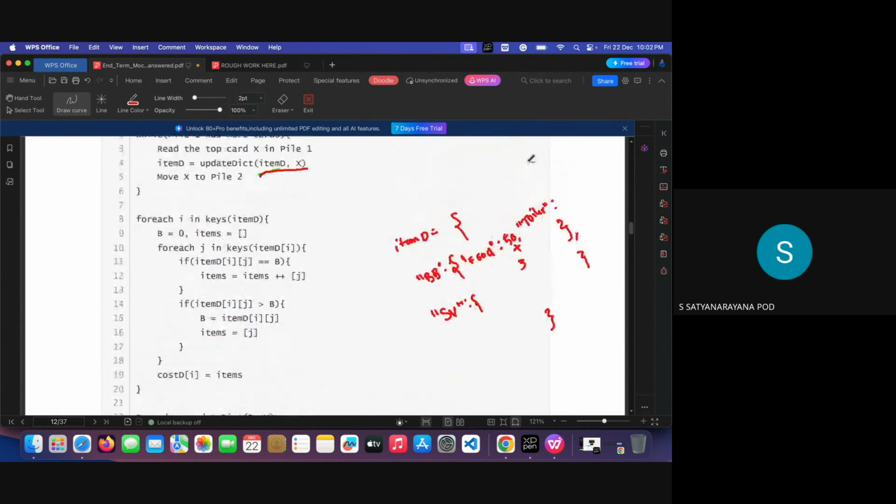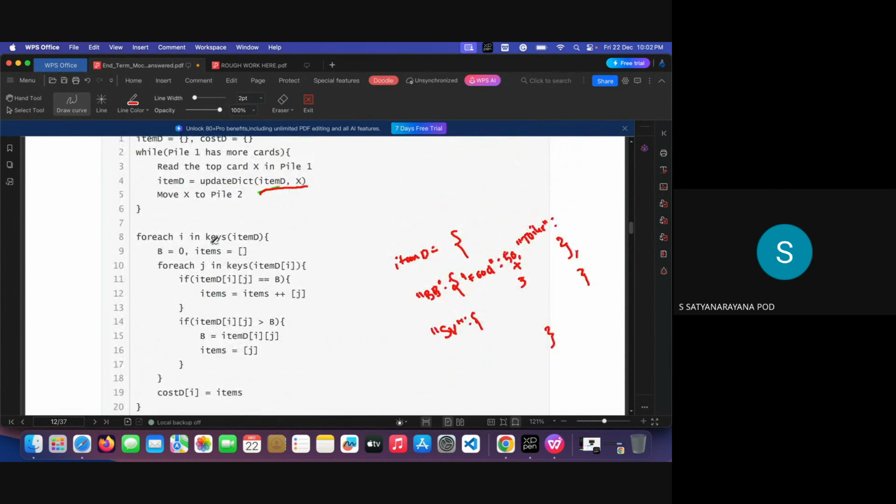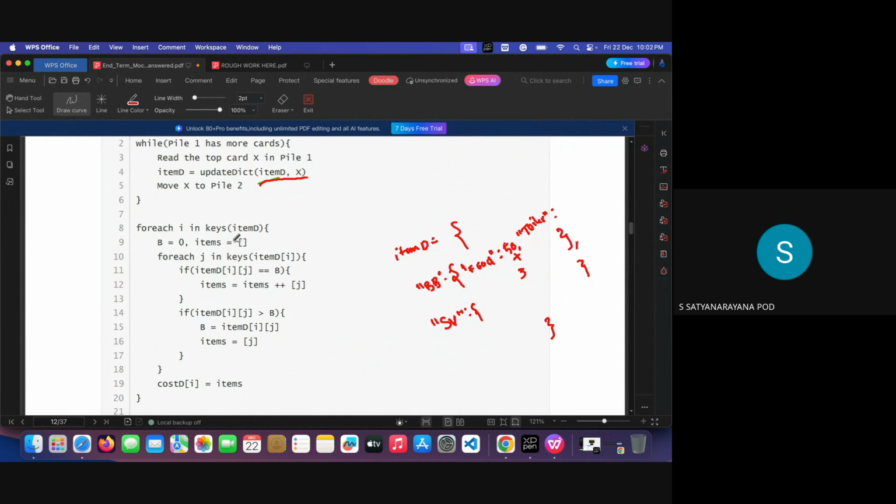Fine. Now, after this loop is executed, what is this loop? I am trying to get each of the keys. Each of the keys means Big Bazaar key, SV stores key, and SG general. All these keys we are extracting. In this case, we are trying to extract each item.